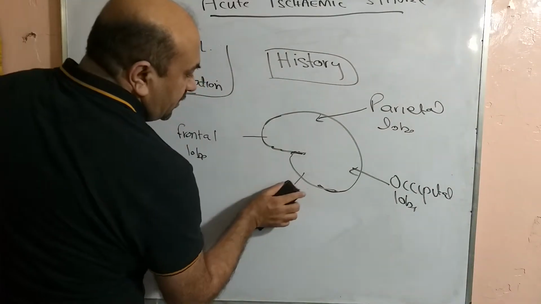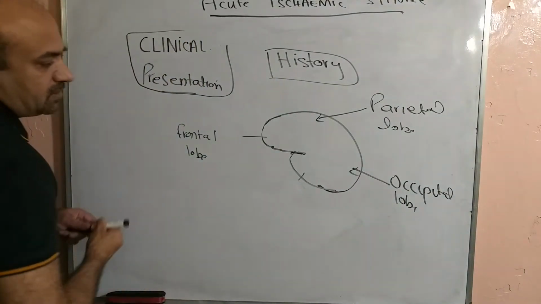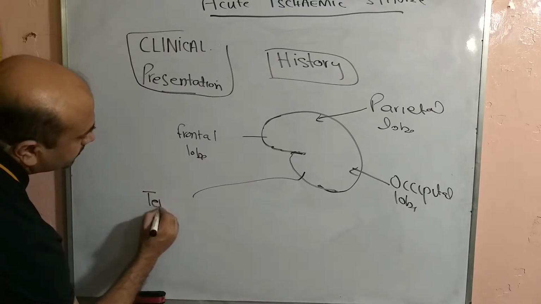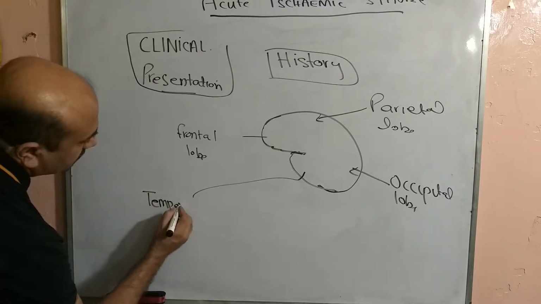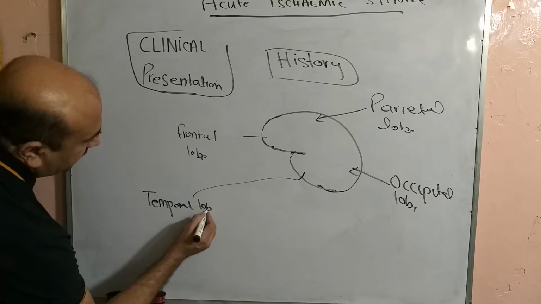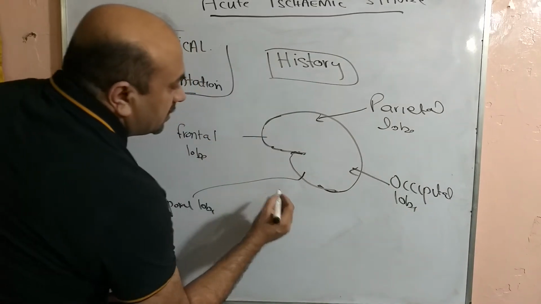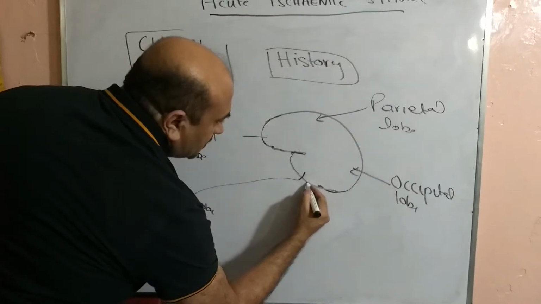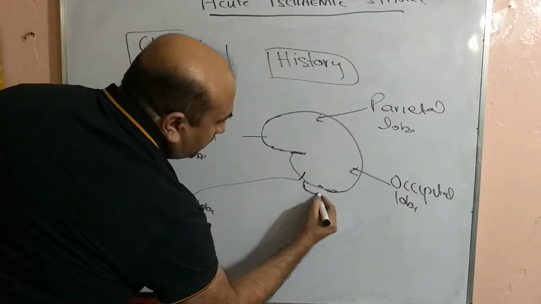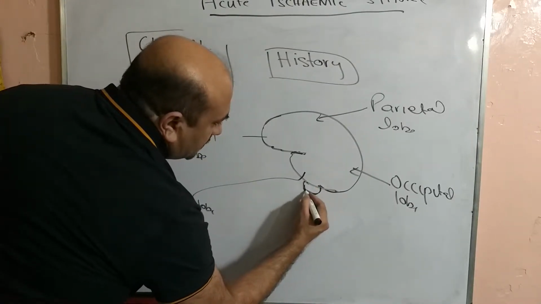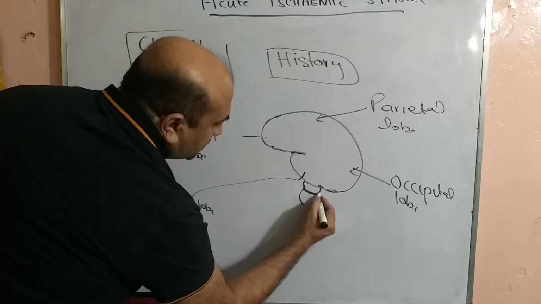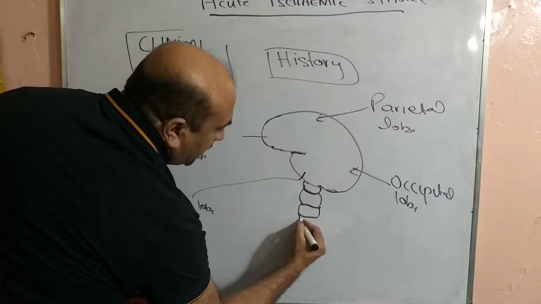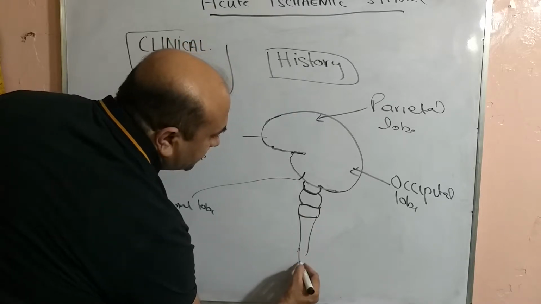This is actually the temporal lobe. Now, in this part of the brain, if this is the midbrain, then comes the pons, and finally the medulla, and here it goes as the spinal cord.